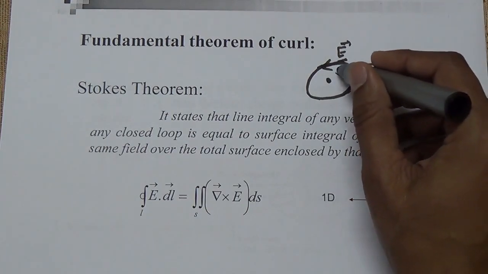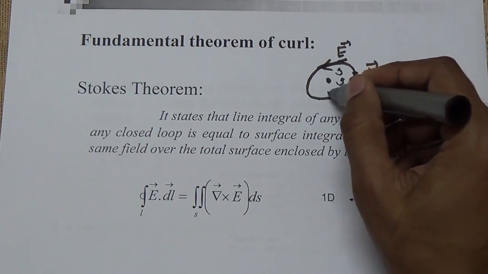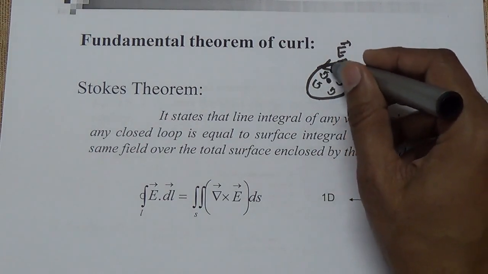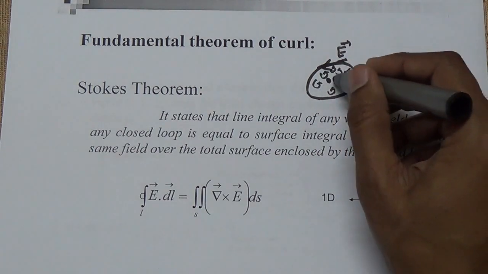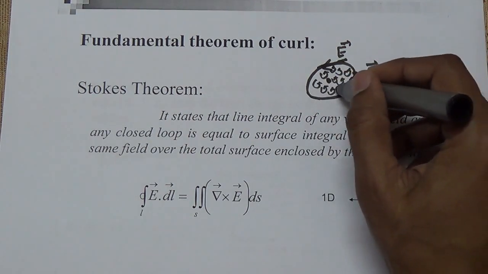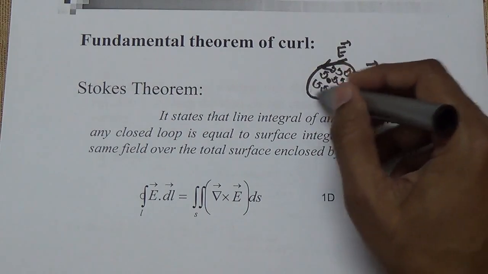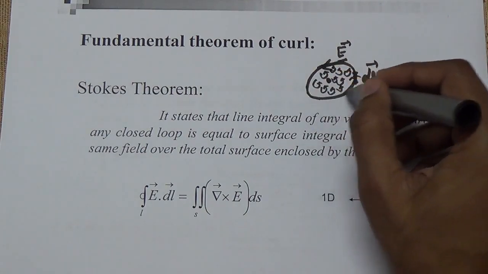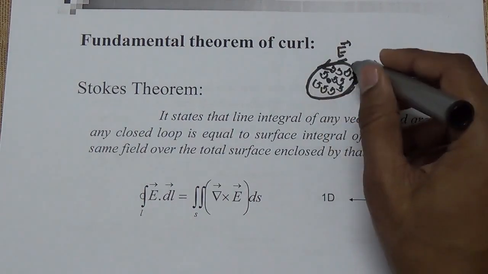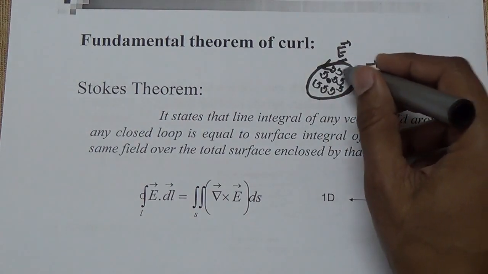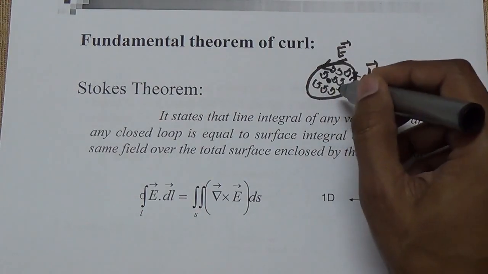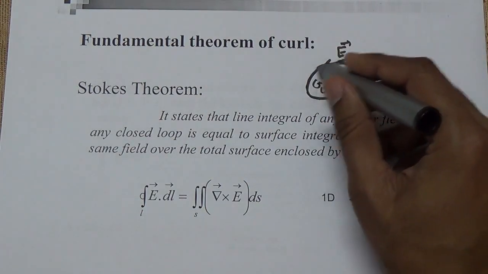If we take the curl of a small portion within this open surface and add all of them, we will get the bigger circle. The addition of these small curls within this open surface will be equal to the large one.